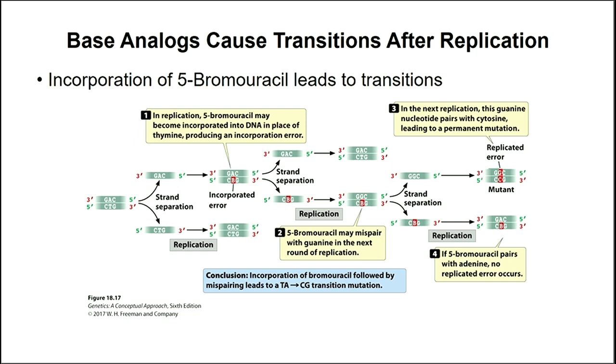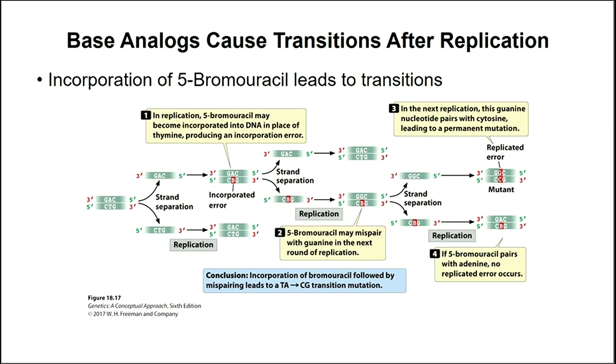Now when we replicate that DNA, we separate those 2 strands, and that bromouracil pairs with a G instead of the A that it's supposed to pair with, right? So after 1 round of replication, we have a mispairing. We've mispaired that bromouracil with the G. After a second round of replication, that G will be properly paired with the C. But that's not what's supposed to go there.